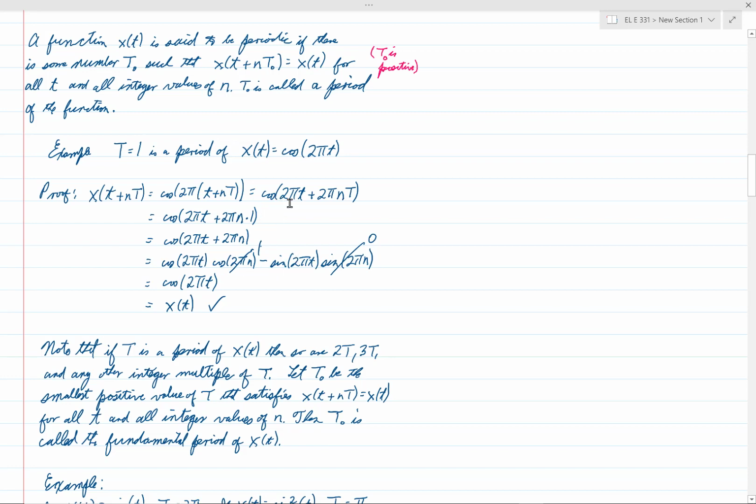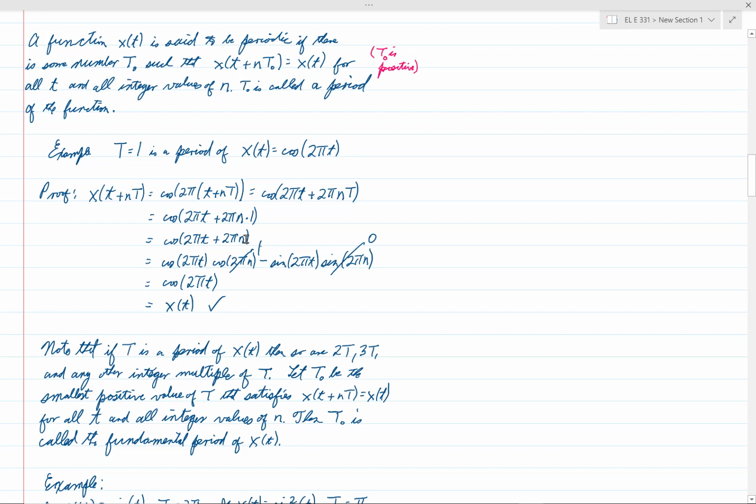And so that's cosine of 2 pi little t plus 2 pi n times big T. And remember now we're looking at capital T equals 1. So that ends up being cosine of 2 pi t plus 2 pi n times 1, which is the same thing as cosine of 2 pi t plus 2 pi n, where n is any integer, remember.